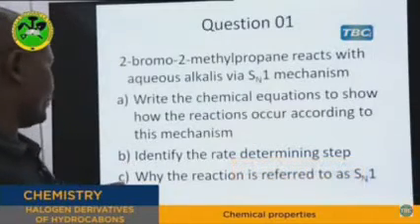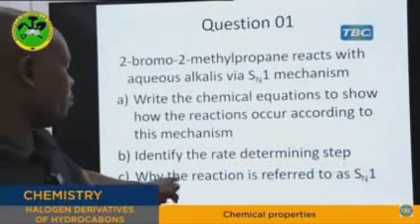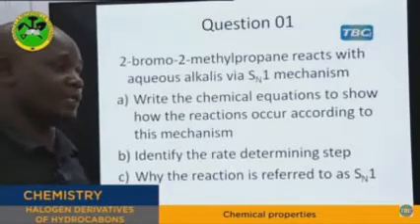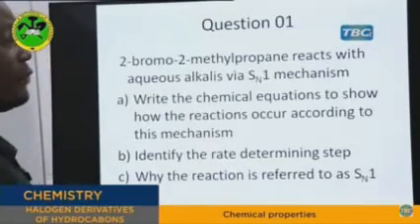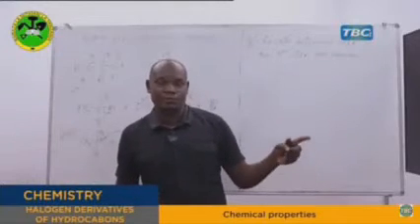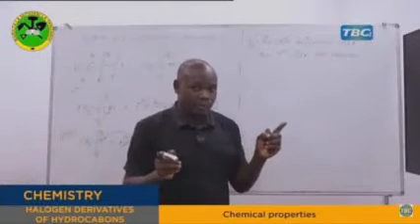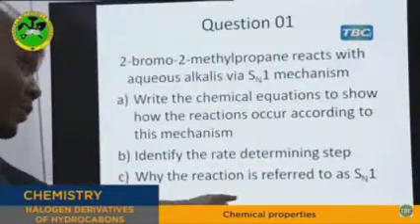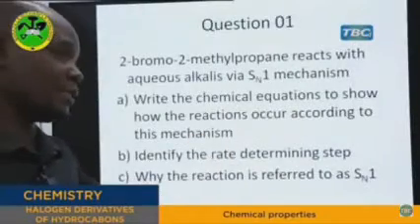But the third part, you have been asked to explain why the reaction is referred to as a first order nucleophilic substitution reaction. I'm sure you can answer it because we have explained it when we were talking about first order nucleophilic substitution.